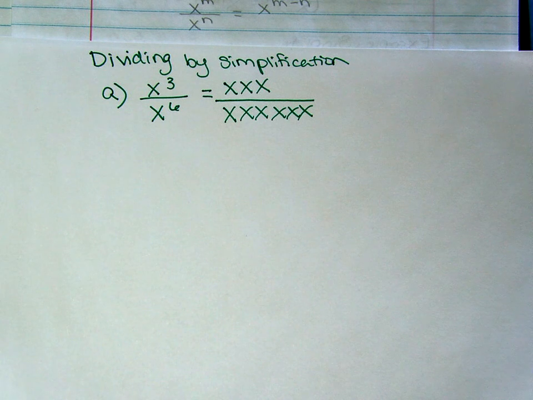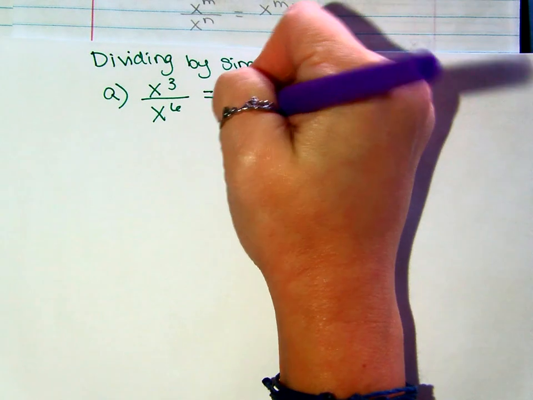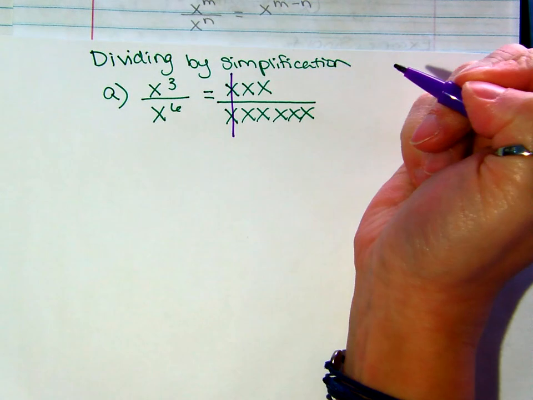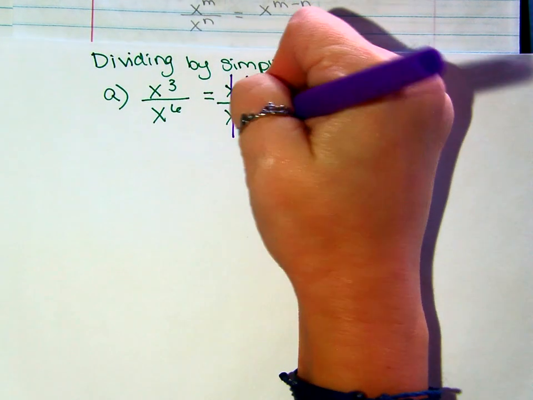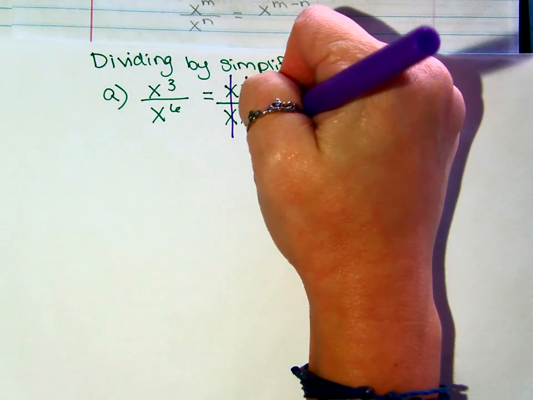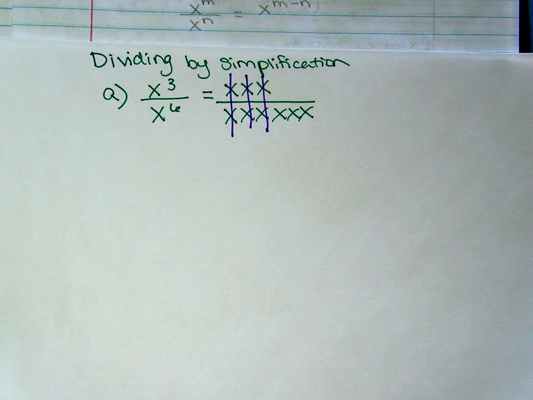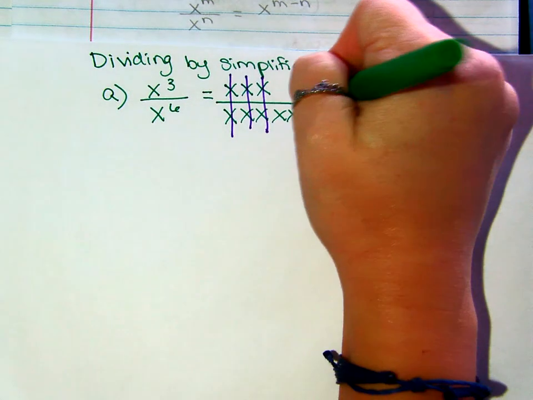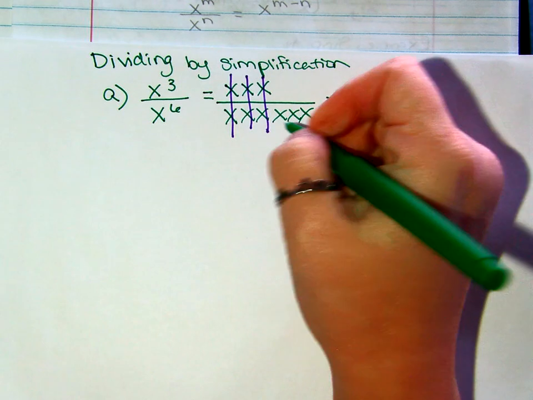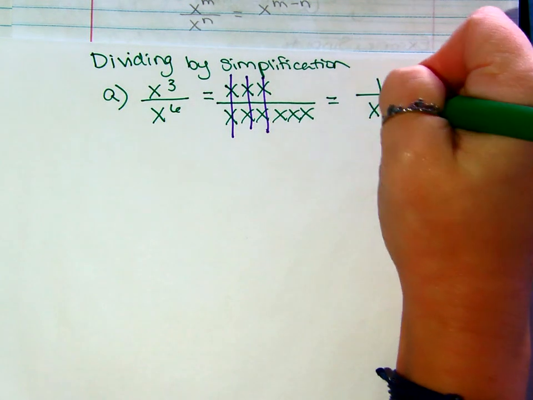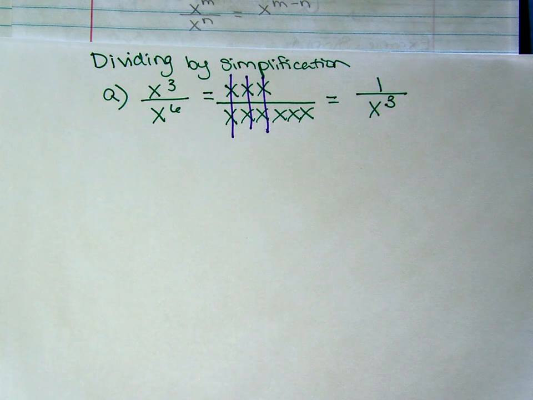You can simplify it away. So I have an x on top and an x on bottom. Those can cancel out. X on top, x on bottom, those can cancel out. X on top, x on bottom, those can cancel out. So what I'm left with now is I have no x's on top anymore, but I have 1, 2, 3 x's on bottom. So I have 1 over x to the third.